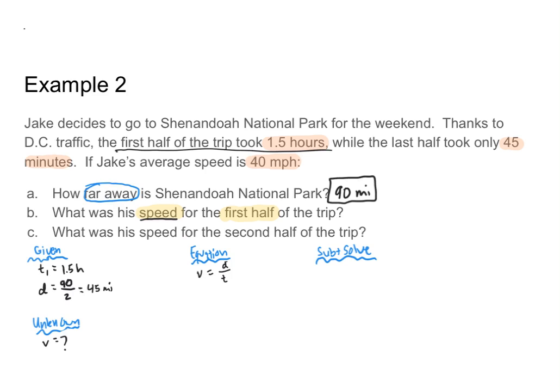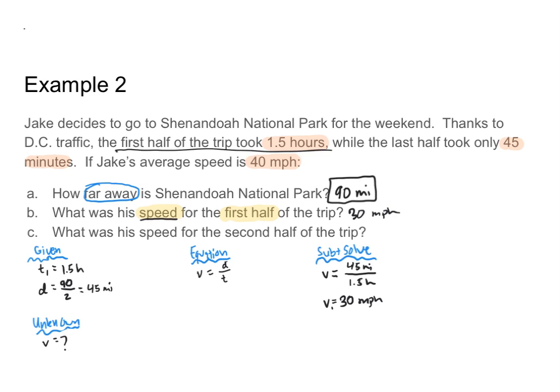And we don't have to do anything with this because our unknown is already by itself. So let's go ahead and substitute and solve. My speed is equal to my distance, so 45 miles, divided by my total time, which is 1.5 hours. And when I do the math, I get that my speed is 30 miles per hour. So the speed for the first half is going to be 30 miles per hour.